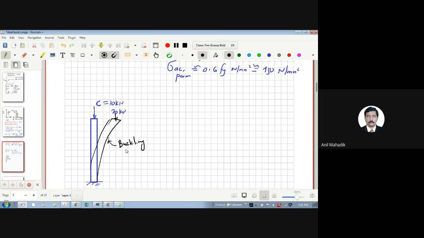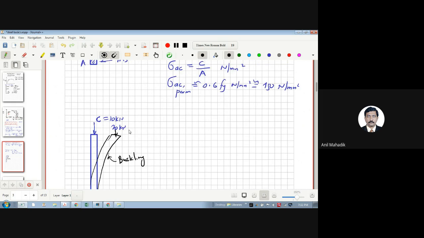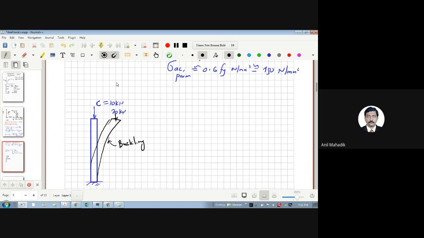And as it is buckling, it may happen that even though the bar is having full capacity, let's say this bar is having capacity in tension of 60 kilonewton, but due to buckling, it will buckle at 30 kilonewton force itself.